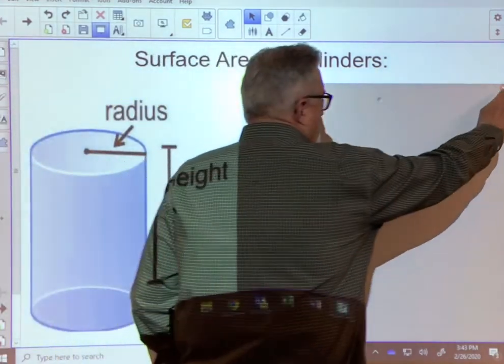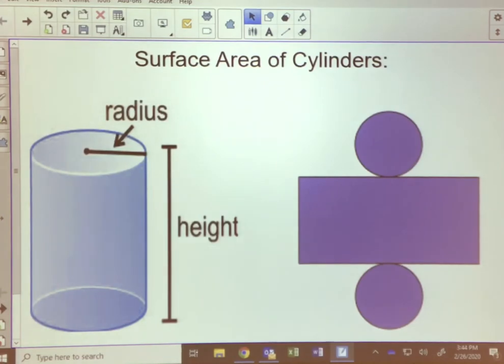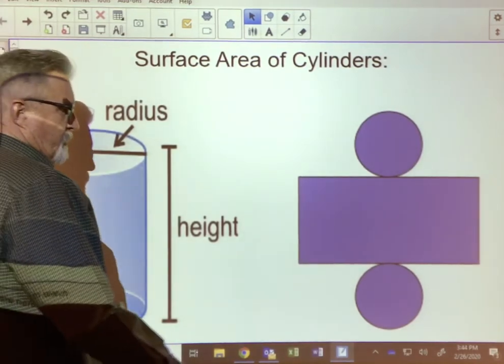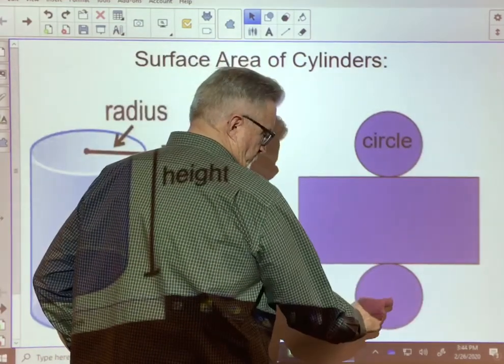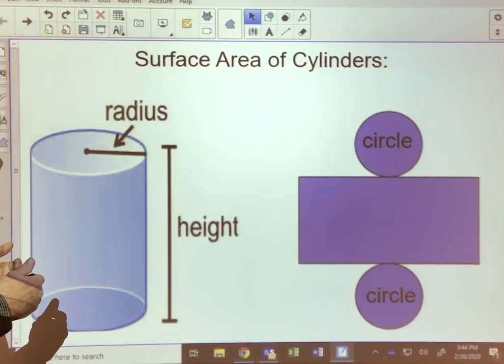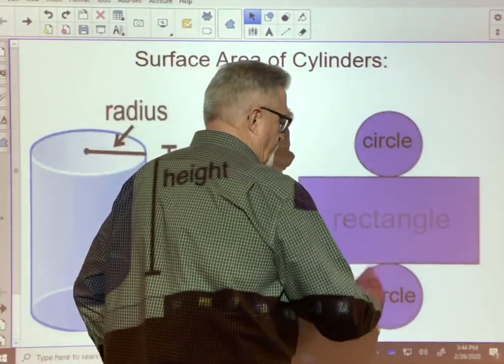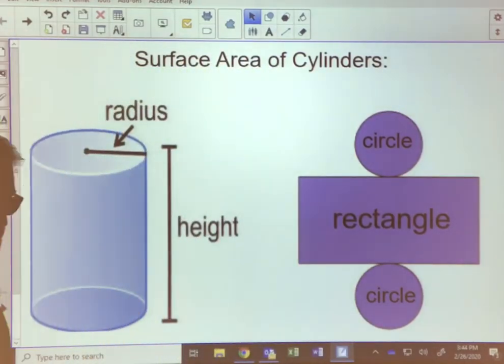So let's get an idea of what this cylinder would look like if we opened it up. Of course we've already talked about the two bases, the top and the bottom are both circles. And then the lateral surface, the side surface, if we opened it up and flattened it out, that's going to form a rectangle.